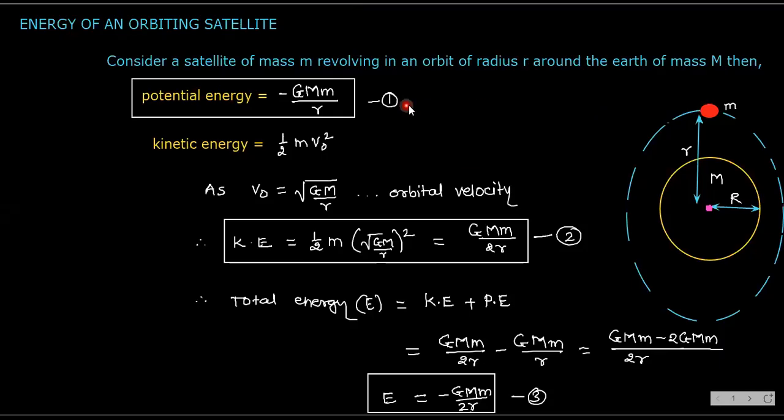In the last class, we learned escape speed and orbital speed. Also, we finished angular momentum and time period of satellite. Those who have not attended that class, please attend that class.